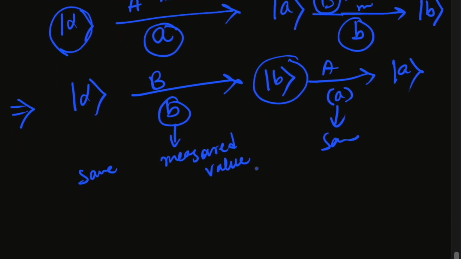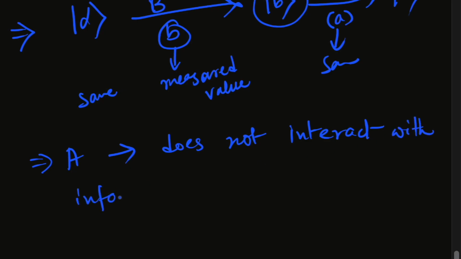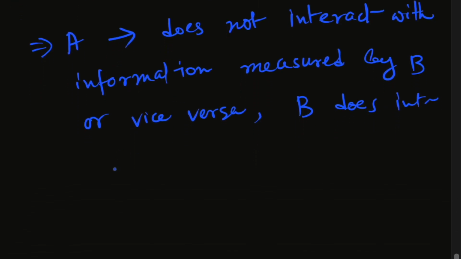So that means the observable A does not interact with the information measured by B, or vice versa, that is, B does not interact with the measured information of A. If this happens, then these two operators are called compatible operators.